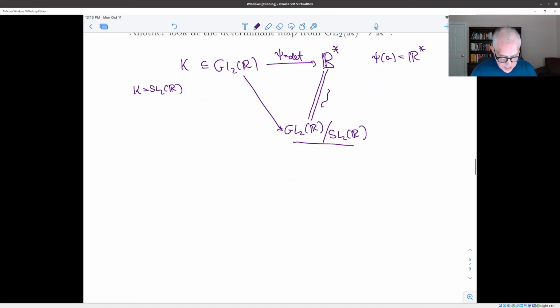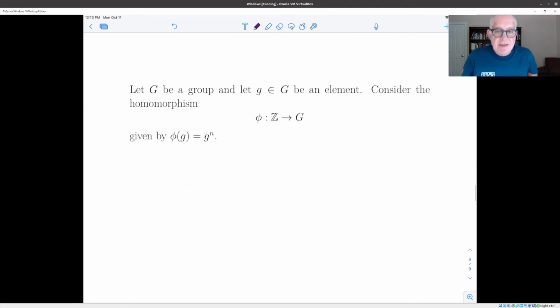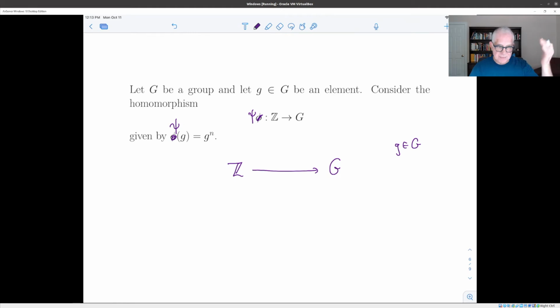So let's look now at this example. Here we have a case where the map is not in general surjective. So let's call this psi, because that's what it's called in the statement of the theorem. So here our group is Z, and big G is any group, but we have an element little g in it. If you want to make this more concrete, you could say that big G was the symmetric group, for example, and little g was some permutation.